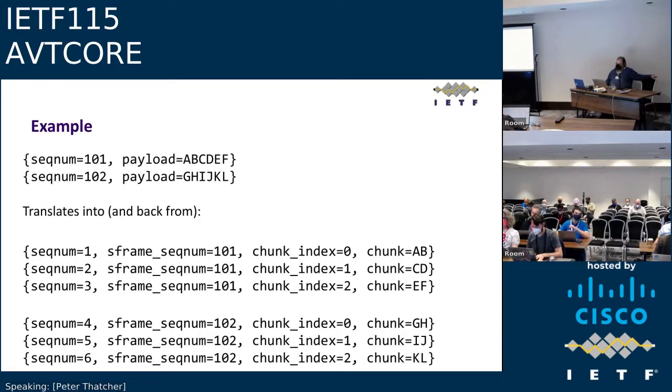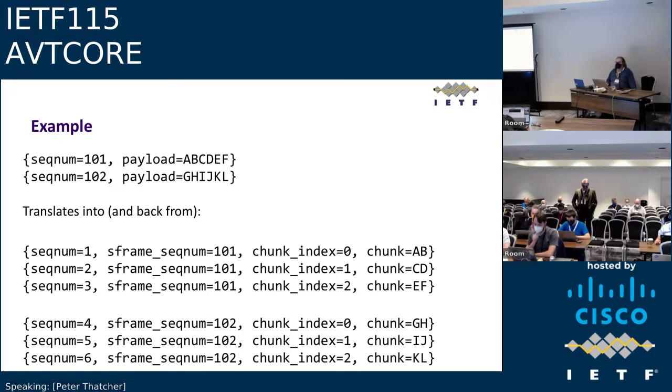So if we have two large RTP packets being sent over, say, QUIC streams that have payloads of A, B, C, D, E, F for the first one, and G, H, I, J, K, L for the second one, imagine it being much larger, obviously, then that can be broken up into small chunks of A, B, C, D, and E, F, and then G, H, I, J, and K, L. And the original sequence numbers that were in the large RTP S-frame payloads, the sequence number tied to the payload, would be maintained in the payload of the smaller RTP packets.